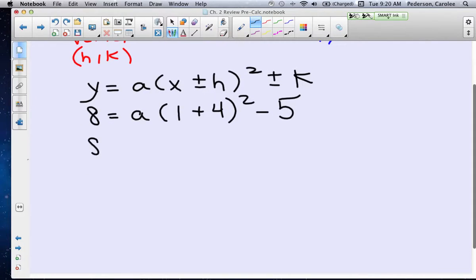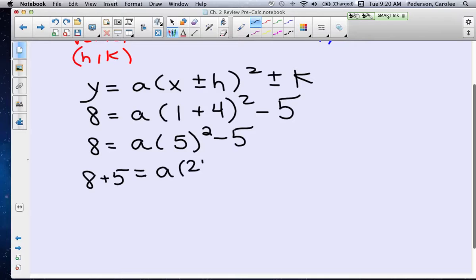So we'll reduce down that parentheses. So 1 plus 4 is 5 squared. And then we will add 5. And then we can square that 5 squared to 25. We get 13 when we add 8 and 5 together.